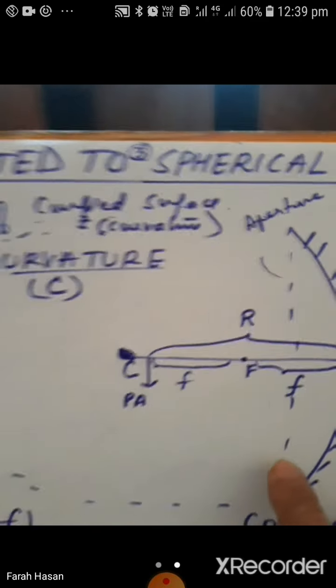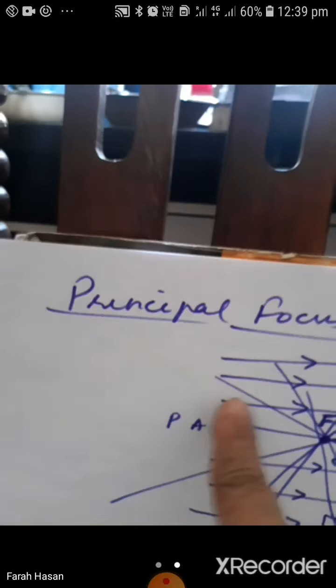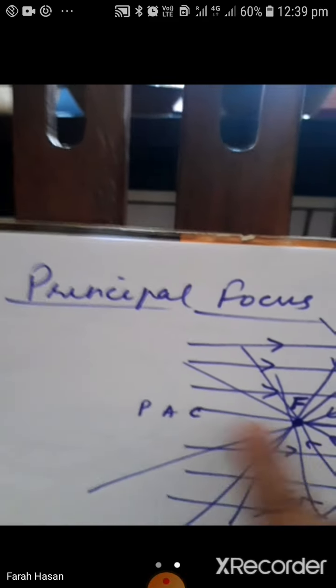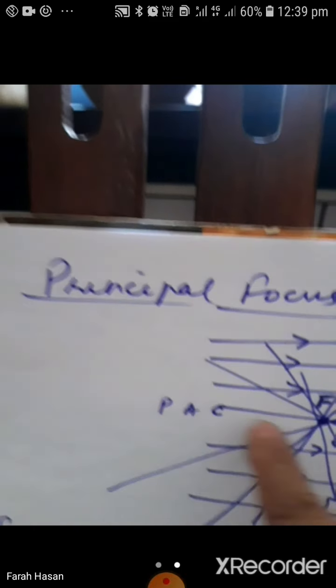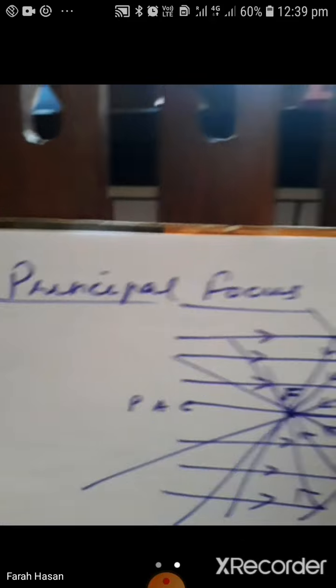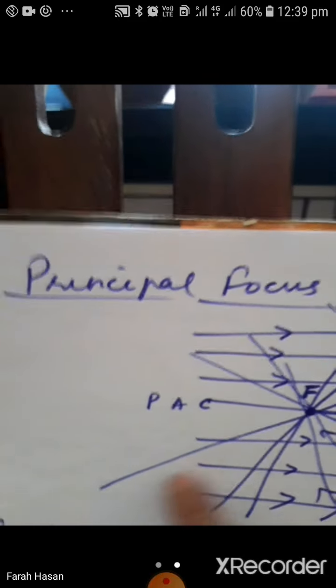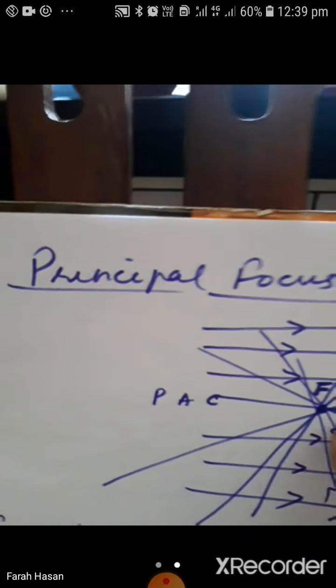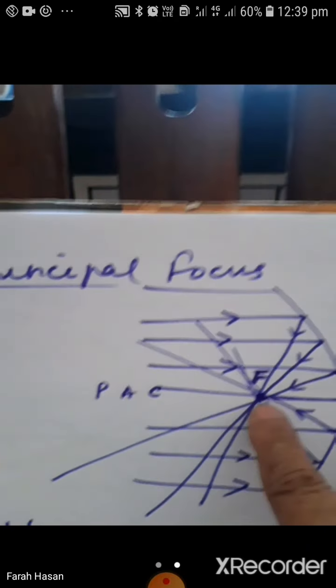Now the next term is principal focus. I explained to you how it is formed. When the incident rays which are parallel to the principal axis are reflected back, they all pass through a point F on the principal axis, or close to that point.